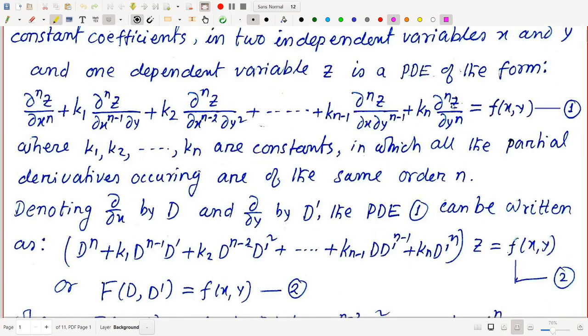See, in every term the order of partial derivative is nth order, maybe a mixture, but the order is n.